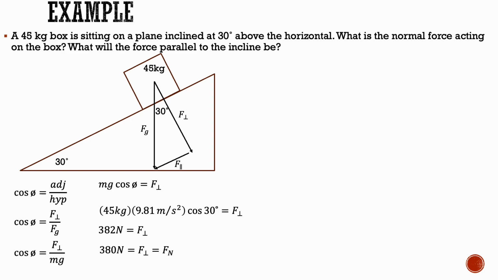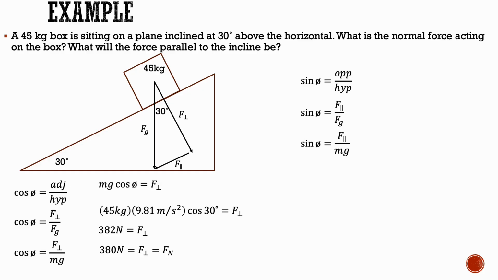Now if we look at that triangle again, our force parallel is our opposite side. We have force of gravity acting as our hypotenuse, so I would use the trig function sine. So substituting in our forces, that gives us sine of our angle is equal to our force parallel divided by force of gravity. As we've talked about, force of gravity is just mg.